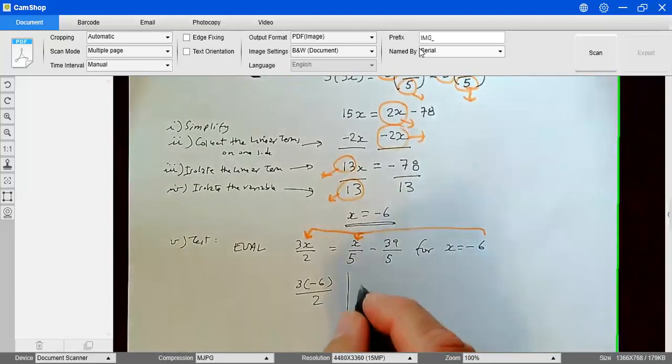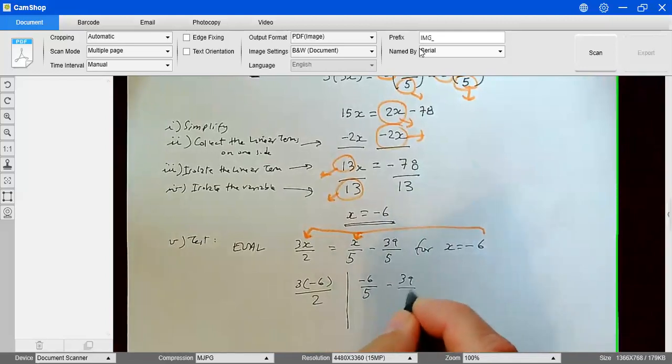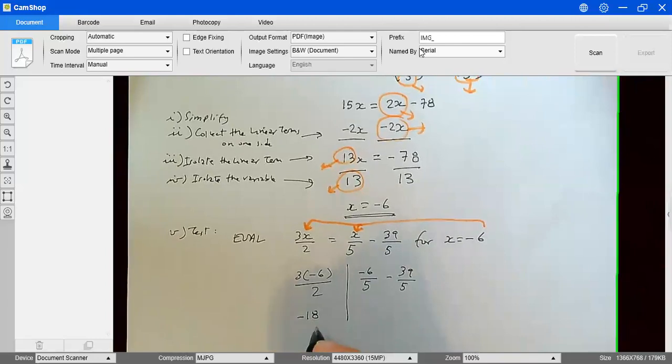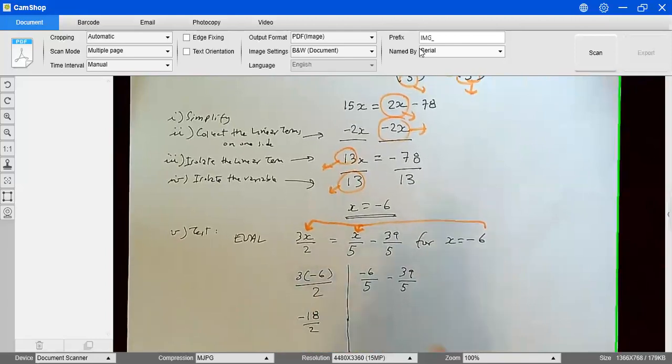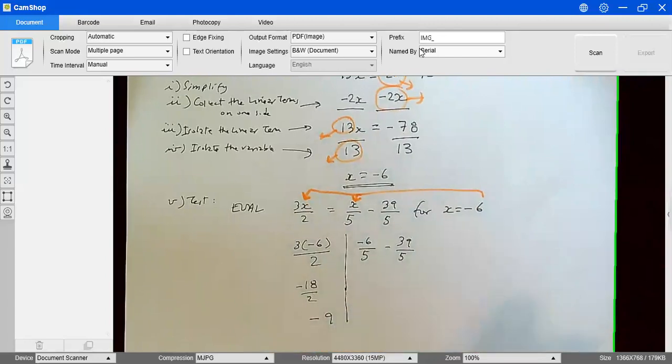And we have -6 over 5 minus 39 over 5 on the right-hand side. So let's see, on the left-hand side, you just multiply this. 3 times -6 is going to be -18 over 2. You proceed with the division, and you're going to get -9.